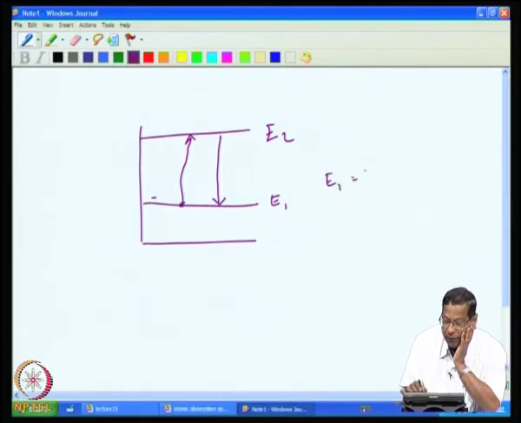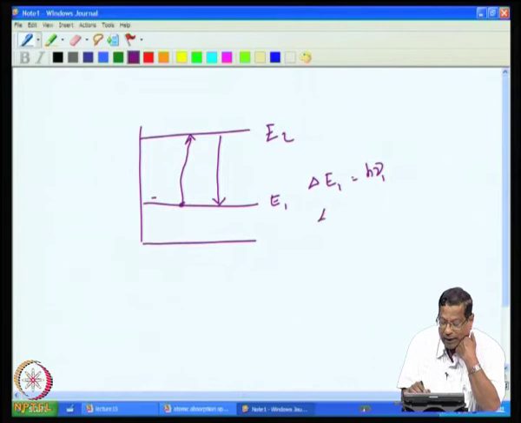E1 is equal to h mu 1 and E2 is equal to h mu 2.